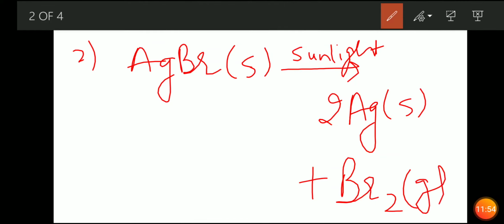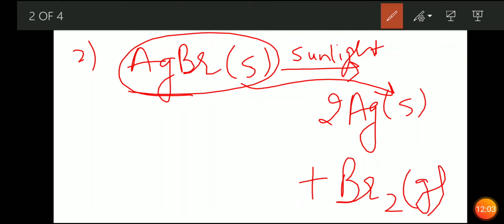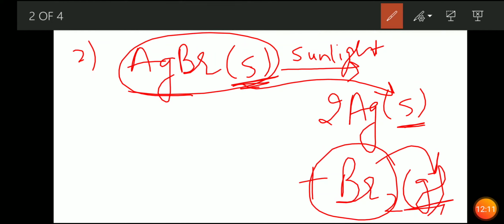This is gas. So that indicates we are using a solid reactant, in which we get silver as a solid but bromine as a gas. So it is a chemical reaction, and these identify that we have different states of reactant and products.